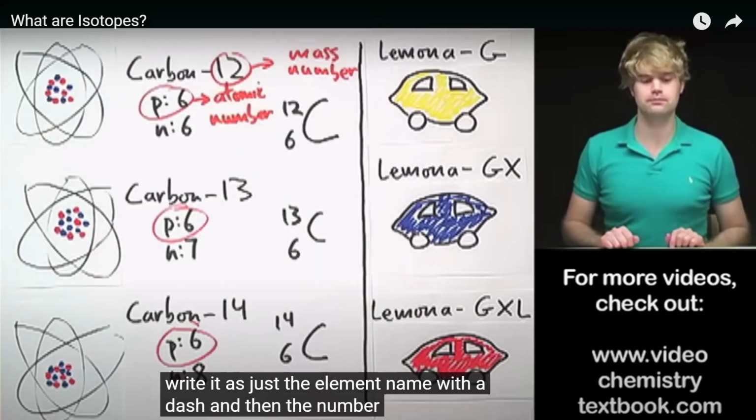So you need to know both of those notations. You need to know how to write the name, dash, mass, and you need to be able to write symbol, mass, protons.